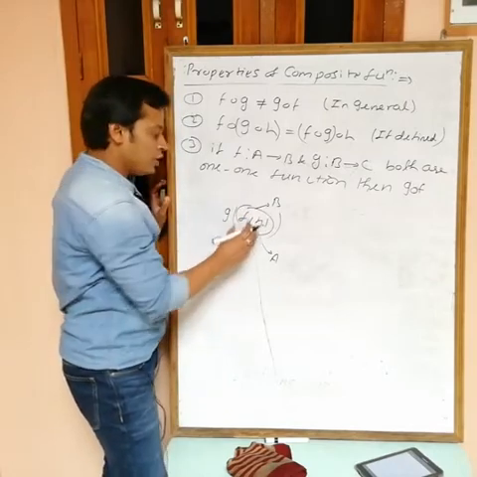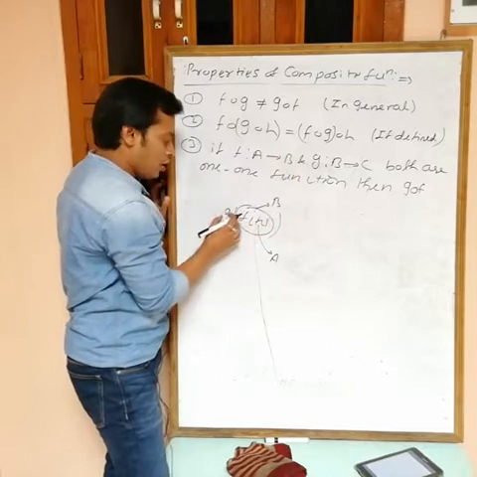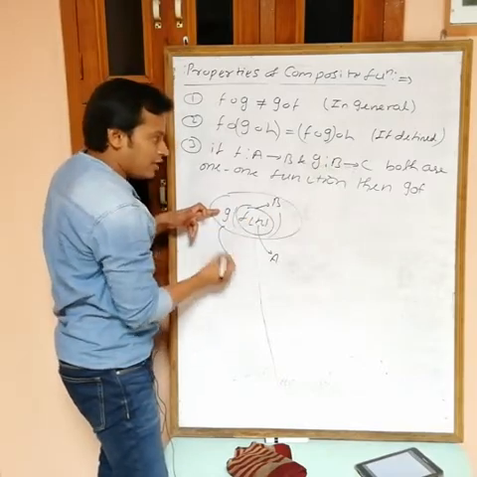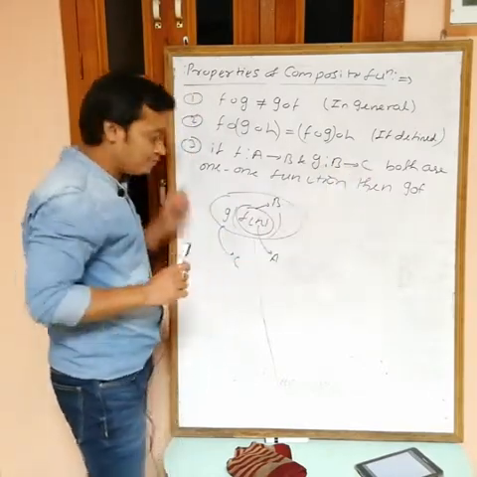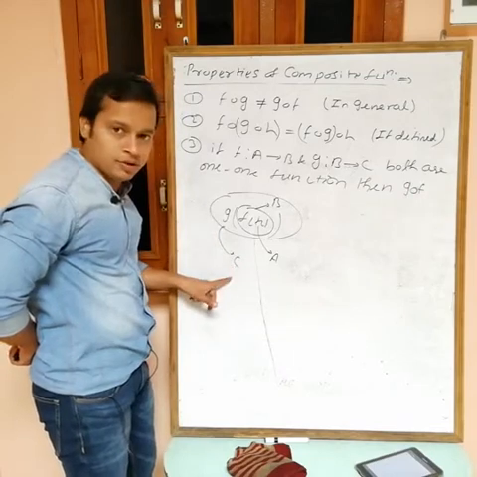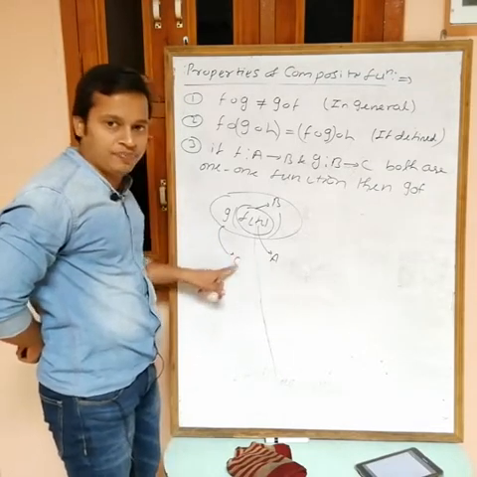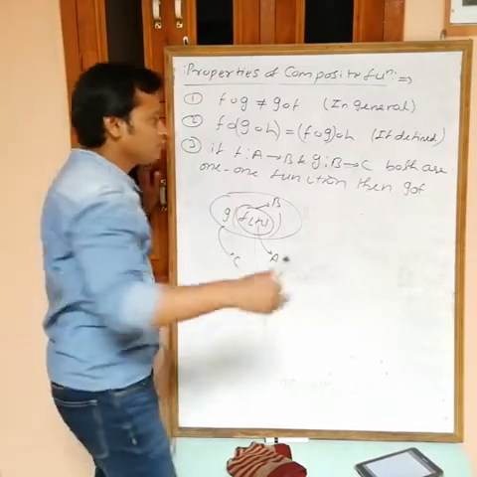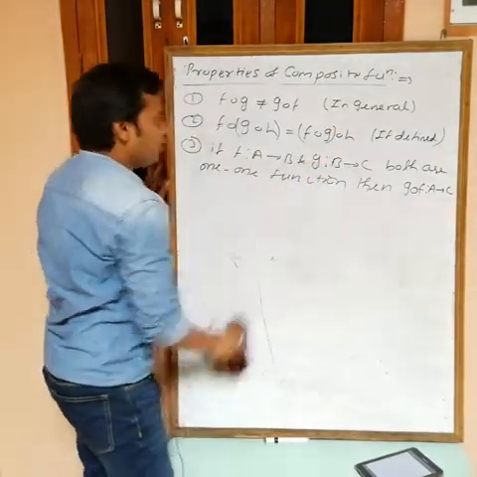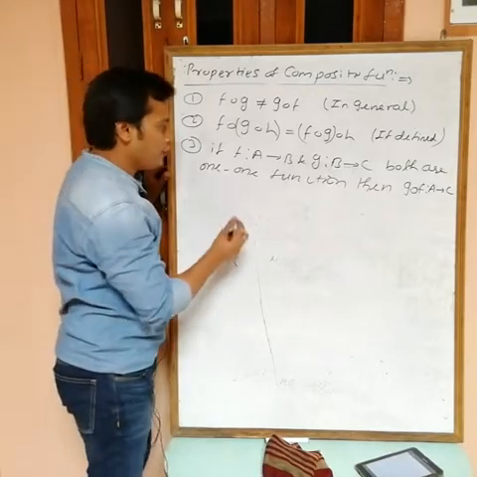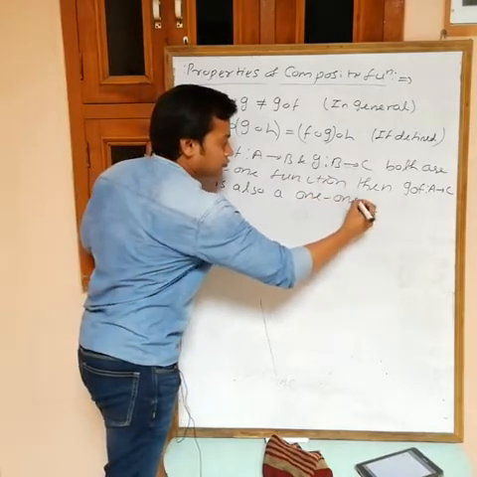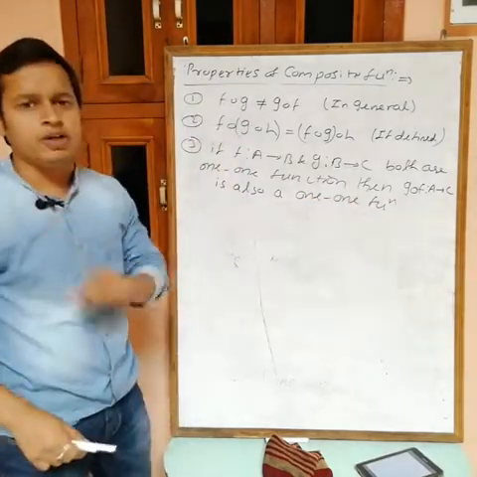So g f x in B. Now from B g takes a value, and at the end value is given by g, and g gives a value in C. So see, x from A and final value of function in C. So this is defined from A to C. So GOF is A to C. If f and g both are 1 1, then GOF A to C is also a 1 1 function. If f and g both are 1 1, then composite function is also 1 1.